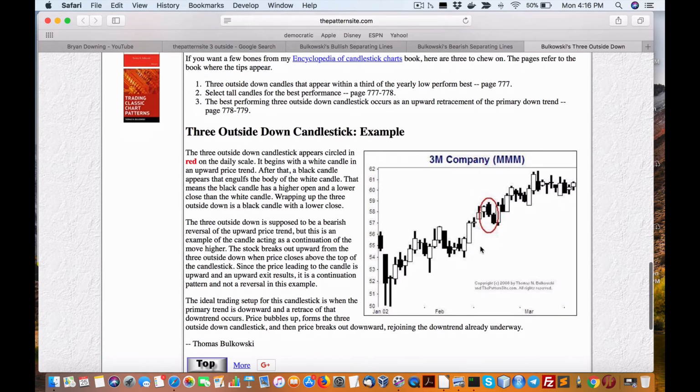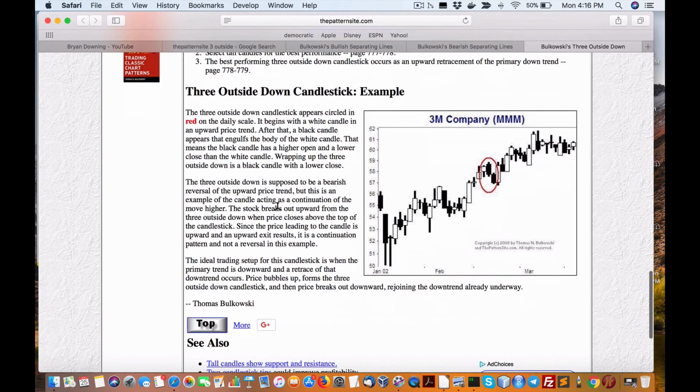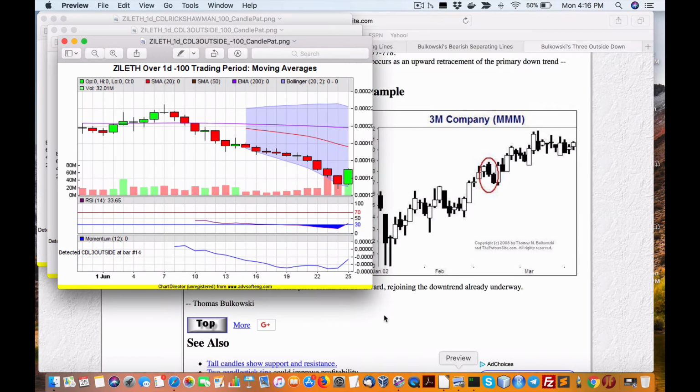So actually here we are. For that black candle appears to engulf the body of the white candle. Sounds like a book needs to be bought here. So again, that's at 14.